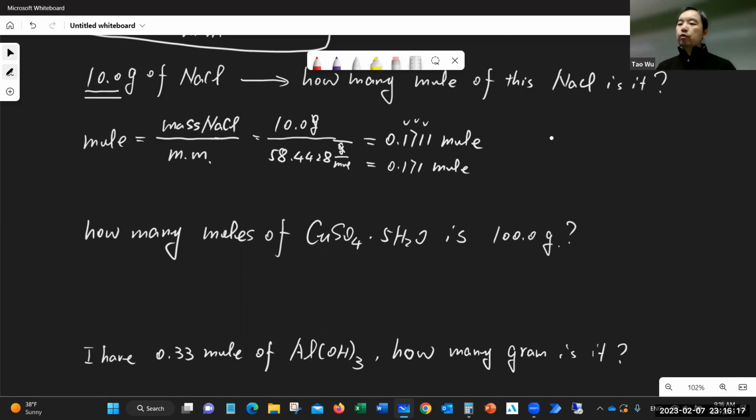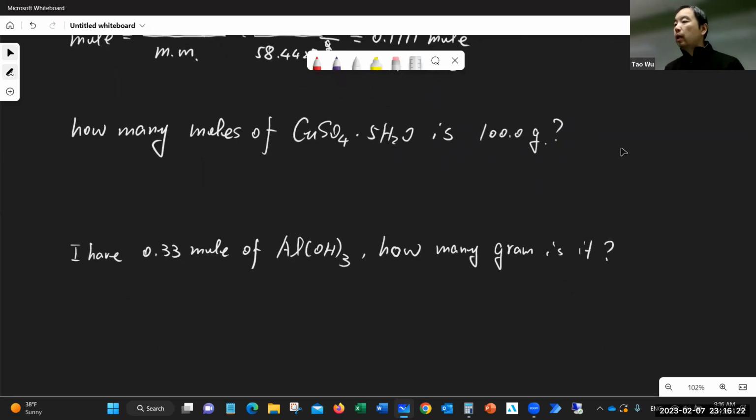And I have 0.33 mole of aluminum hydroxide. How many grams is it? Please go ahead and work on this.